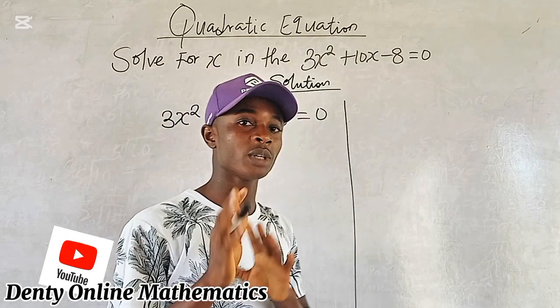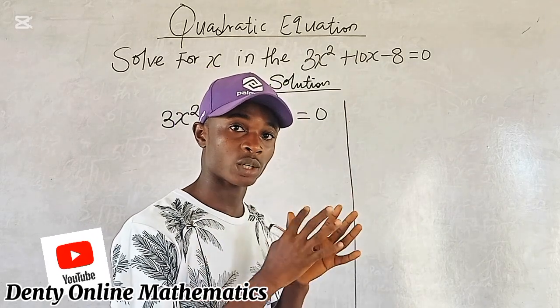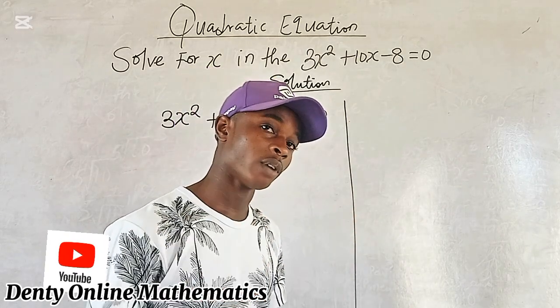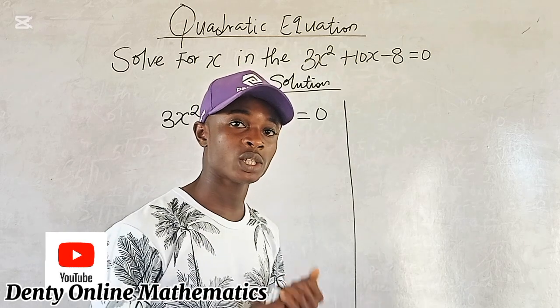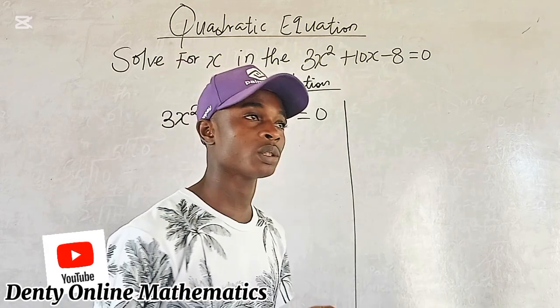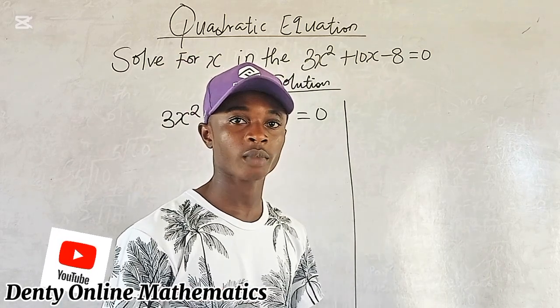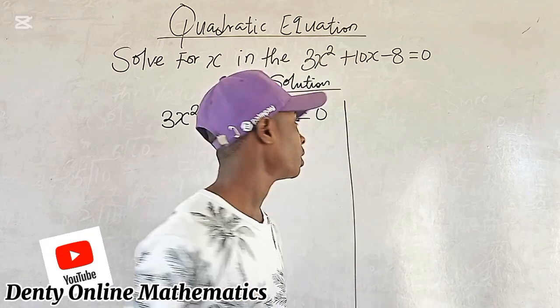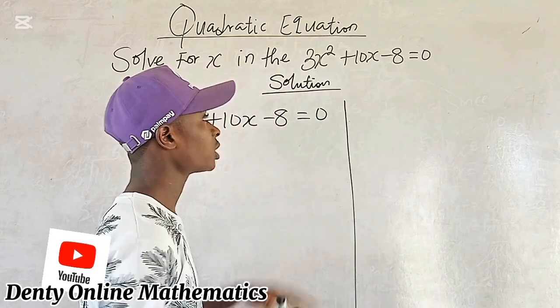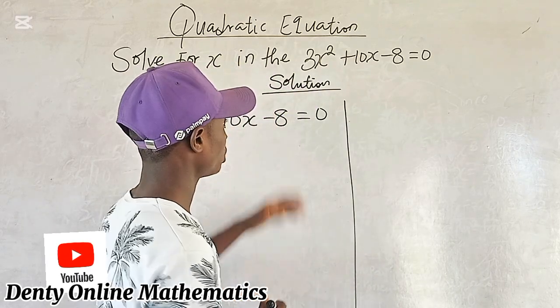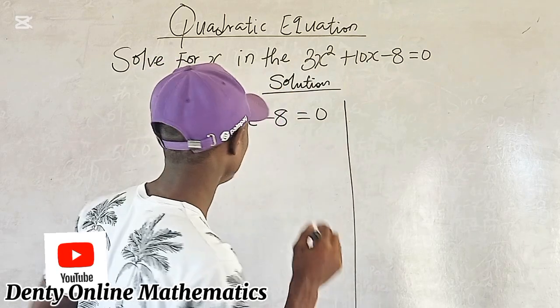That means you can use any method of solving quadratic equation, either by factorization, by completing the square method, by formula method, or even graphical method. You can use any of them. So here we are going to use the factorization method to solve for the value of x.